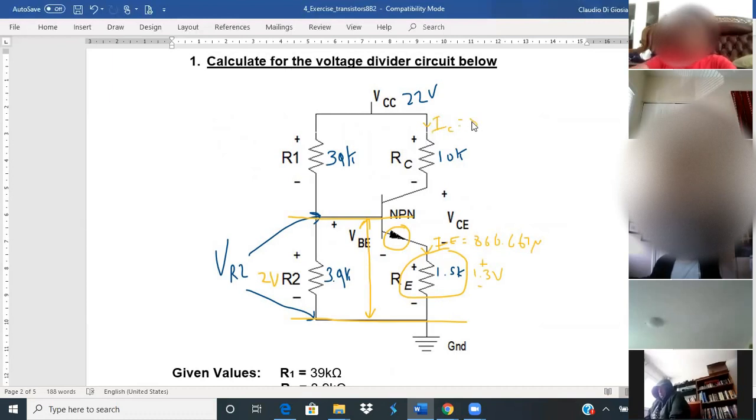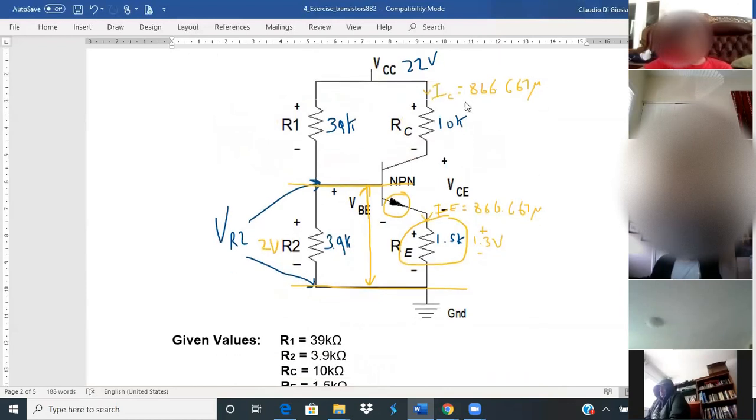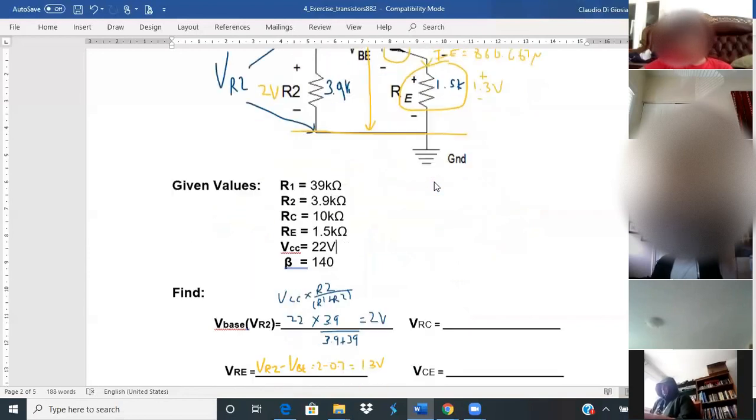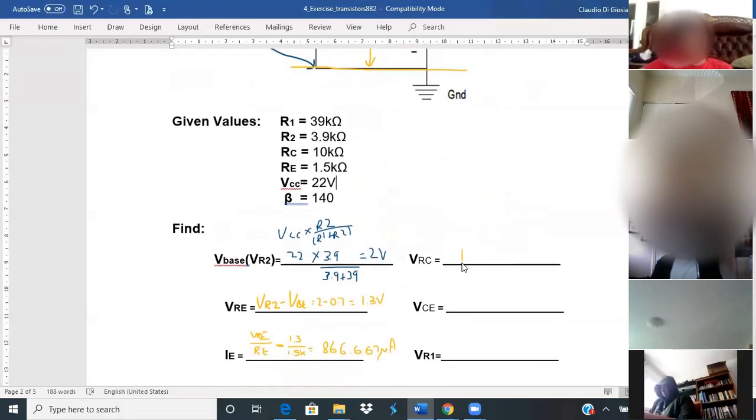So this is also 866.667 micro. Okay. Since we have the current going through this resistor and we have the resistor value, we can find out what the voltage is across this guy here. So that's VRC. VRC is IC multiplied by RC.